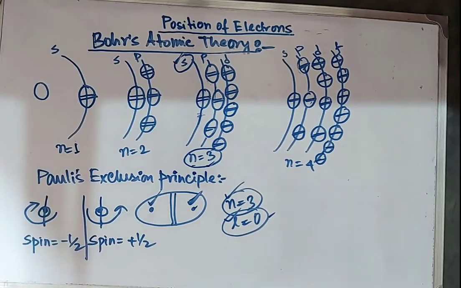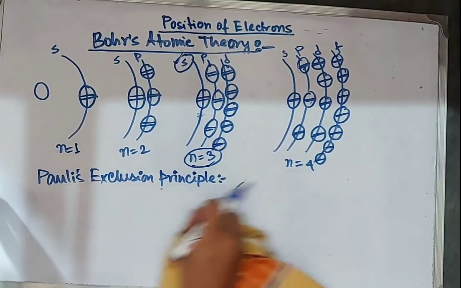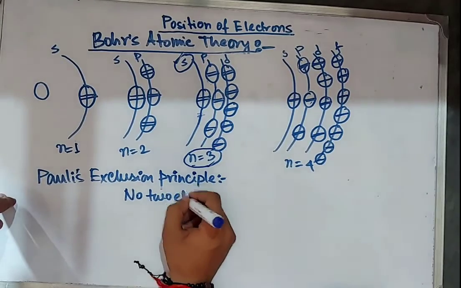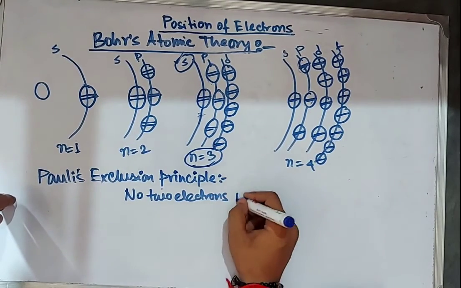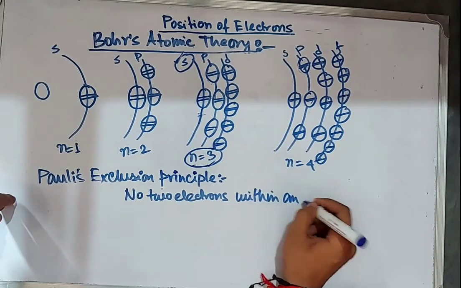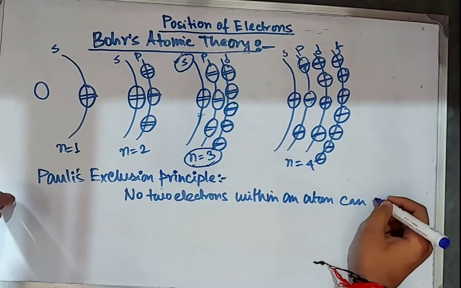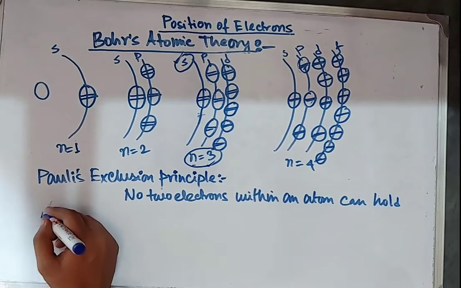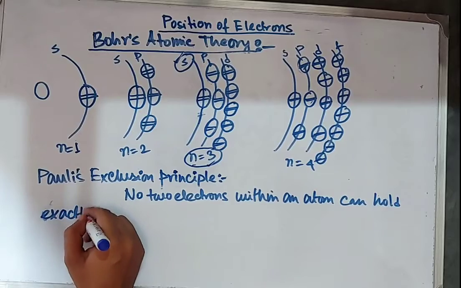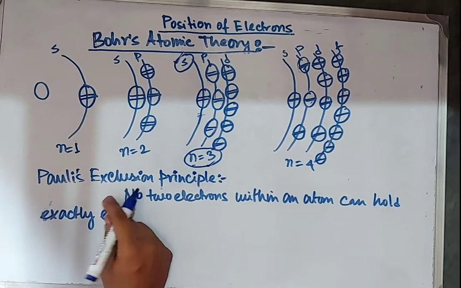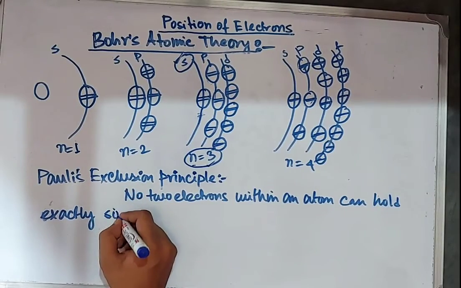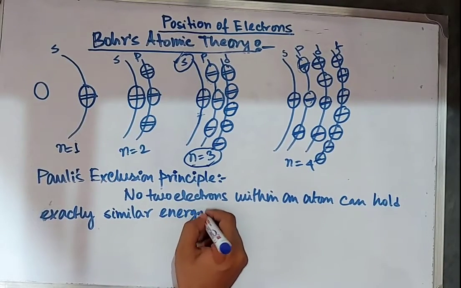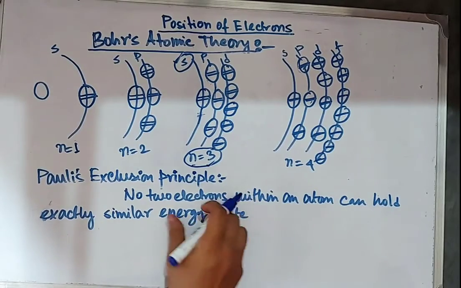And Pauli's exclusion principle says that no two electrons within an atom can hold exactly the same quantum energy state.